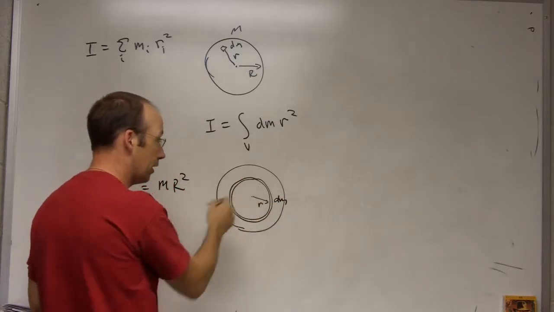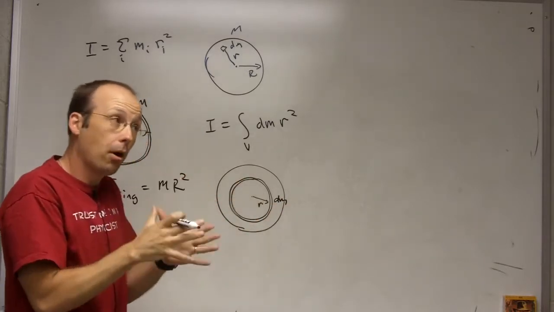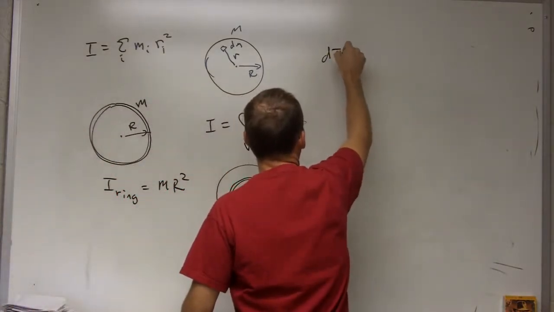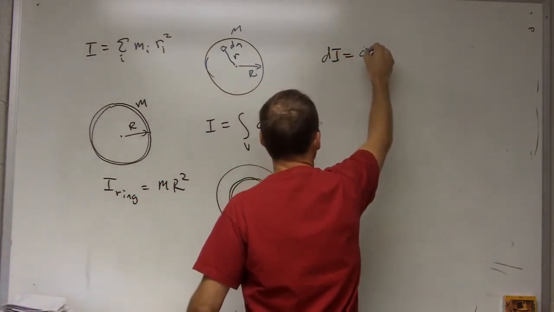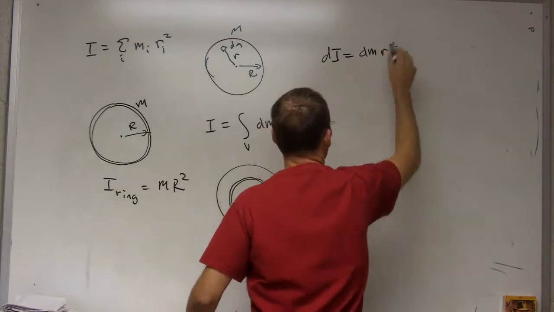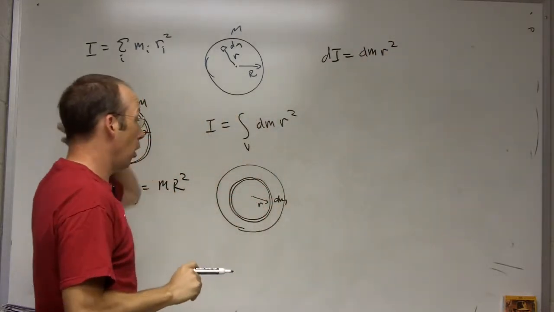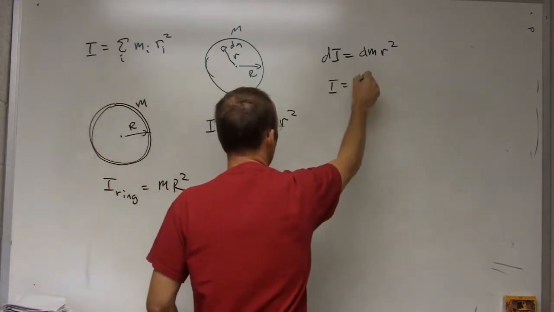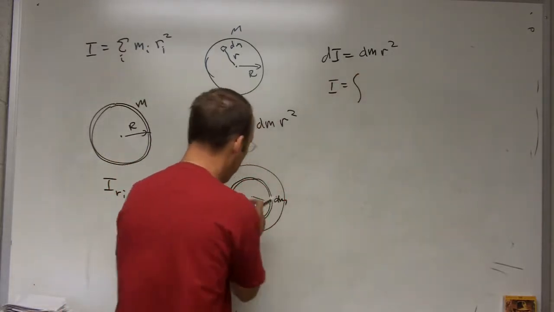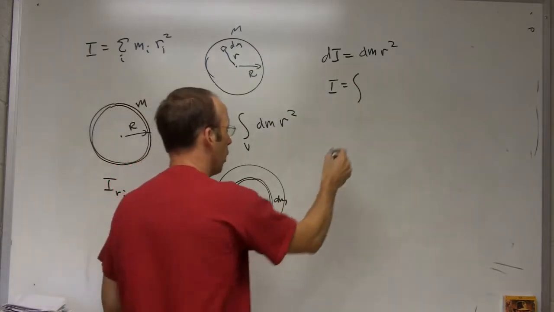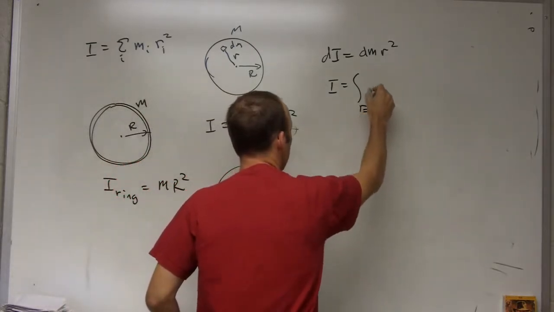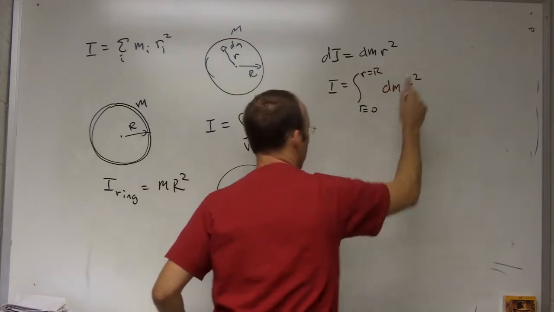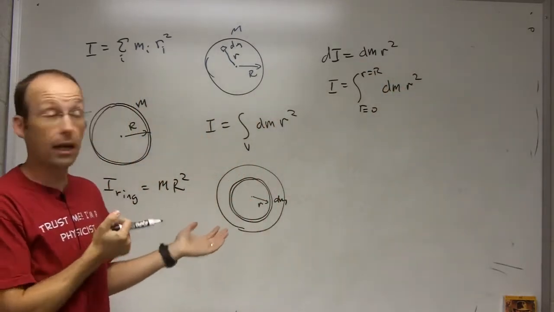Then the component of the moment of inertia due just to that ring, dI, would be dm r squared. So all I need to do is add up I equals the integral from r equals 0 to r equals R of dm r squared. So couldn't you just integrate that?